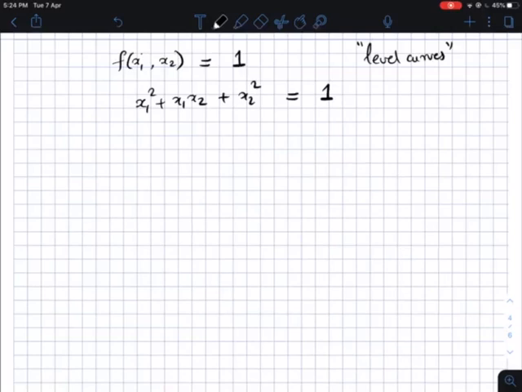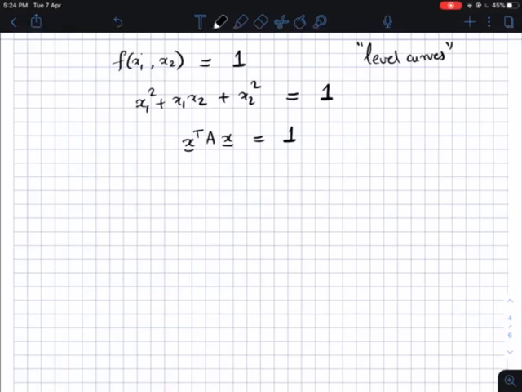Okay, so how do we try to understand the geometry of this? Let's go back to the general formulation x transpose Ax equal to 1. This is what we are trying to do. We are trying to find all x such that x transpose Ax is equal to 1. Now A is symmetric, as I said before.